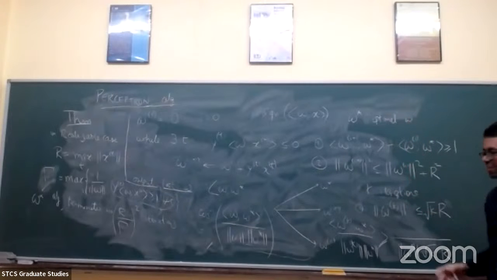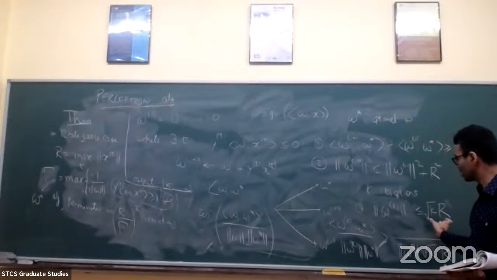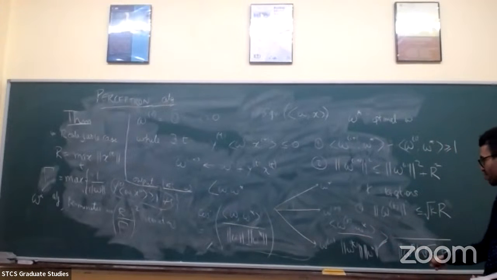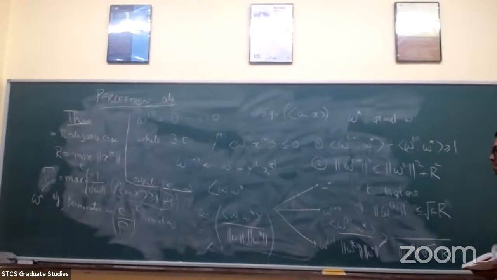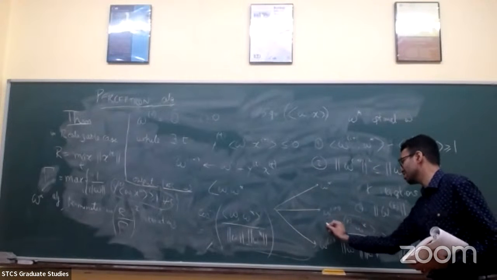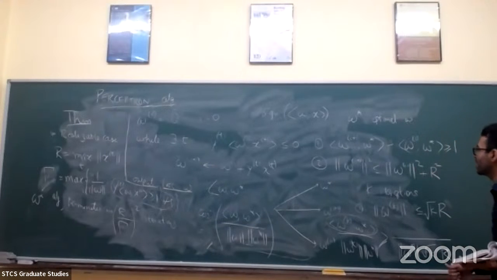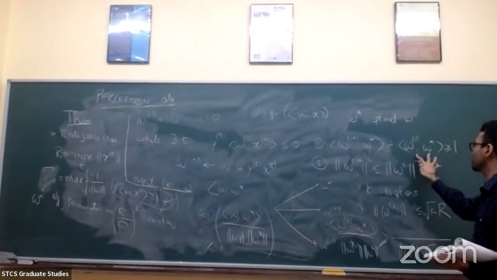How big is it? Well, the norm of W_K is kind of small, so the whole thing is at least the numerator divided by the norm of W star times root K times R. And what about the thing on the top? I want to say that this is big enough. How do I say this? I try to use this thing: every time I do an iteration, my inner product goes up by 1.